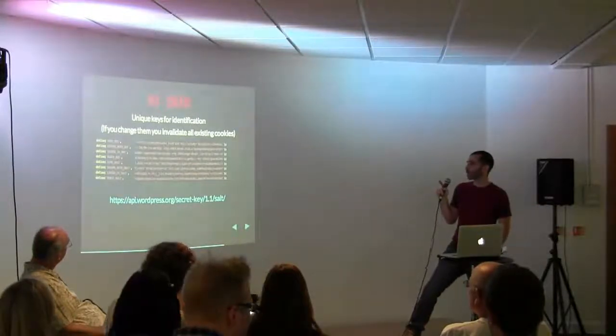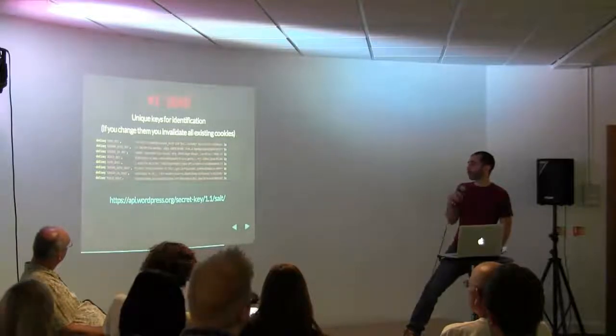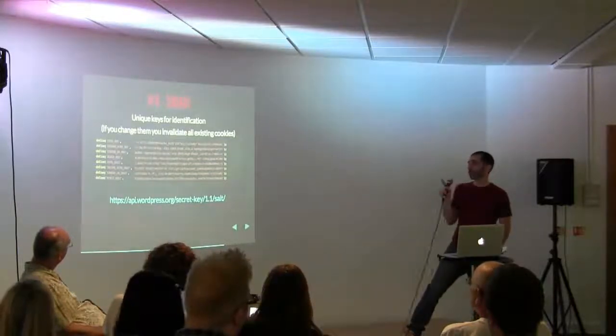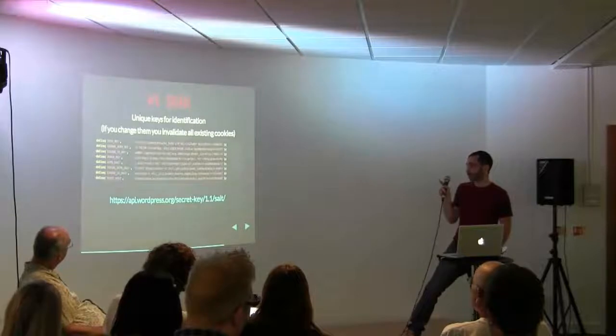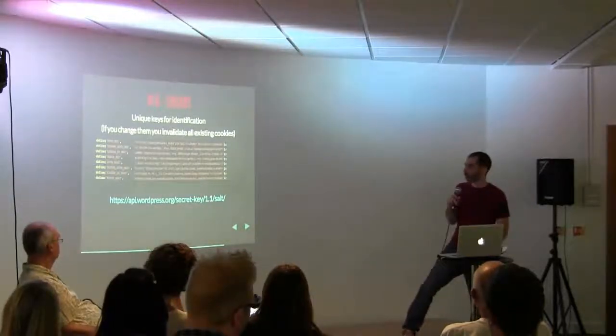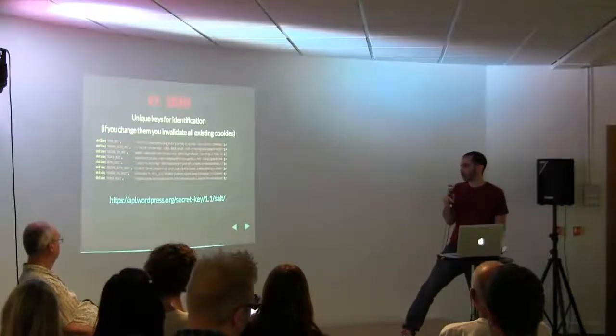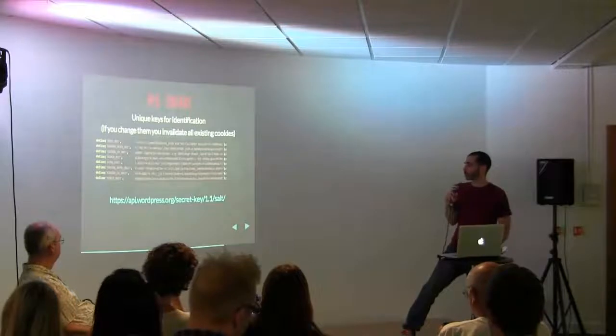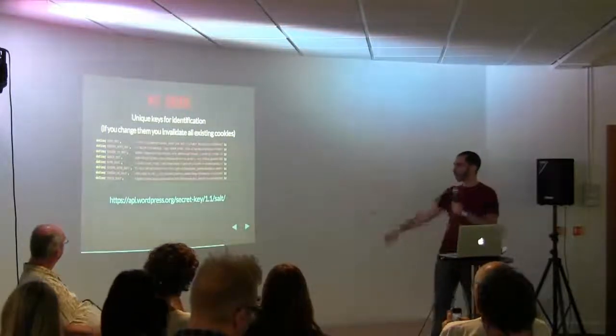Then these are the unique keys for your cookies. Every time you change these lines, you will lose access to your WP admin and all your cookies on your WordPress. So in your WP config, there is this line.